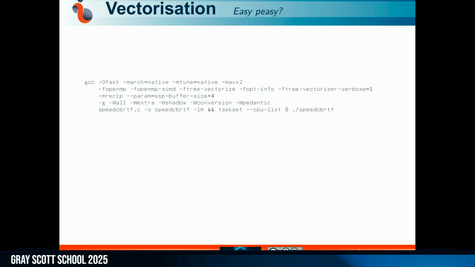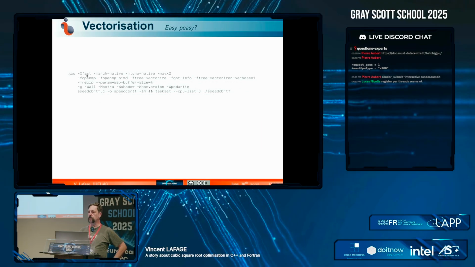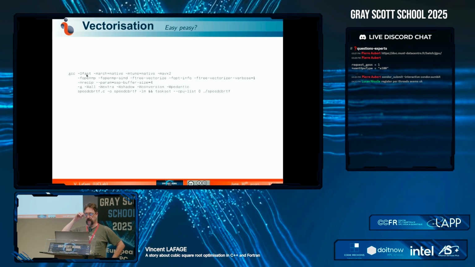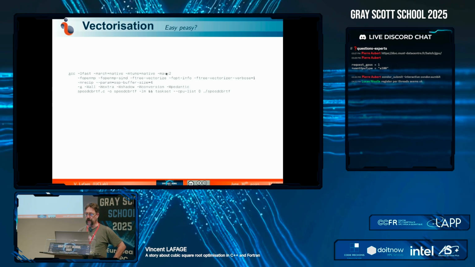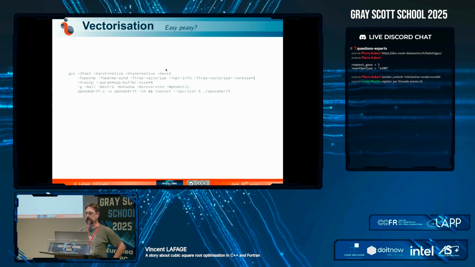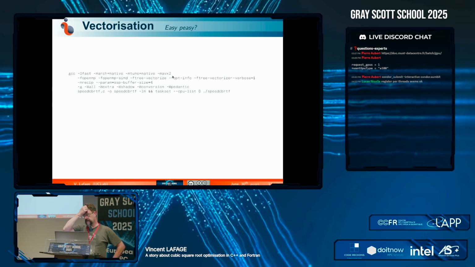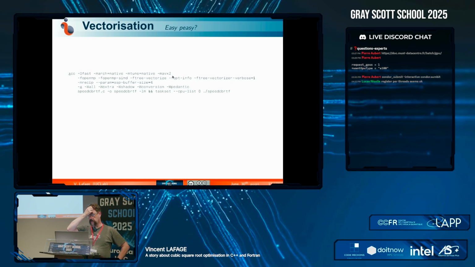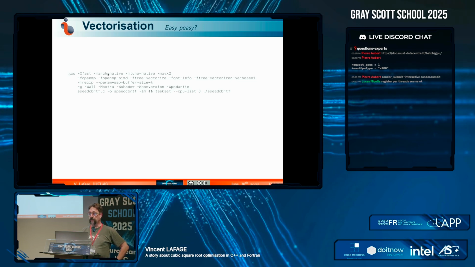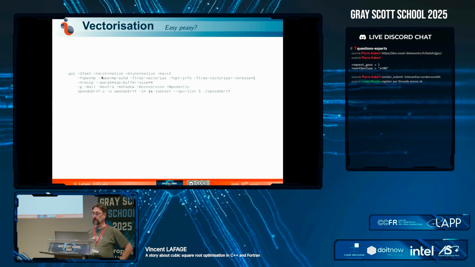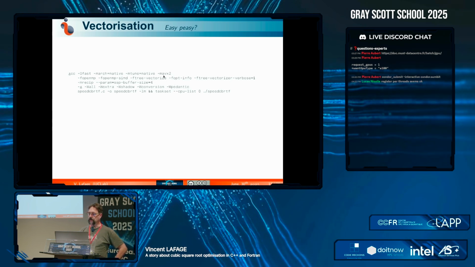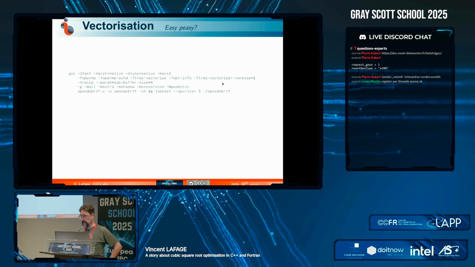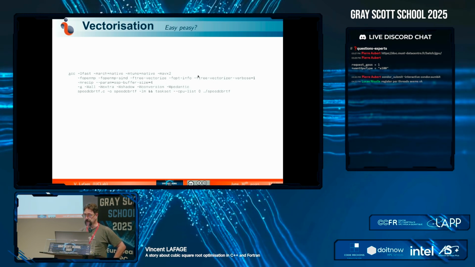Well, maybe we have to help the compiler. We should provide options: optimization, specify what kind of hardware we have. Maybe also say what kind of AVX vectorization instruction we have. I've been referring to OpenMP pragma, so OpenMP SIMD. And I tell it to vectorize and to provide me information about what kind of optimizations are done.